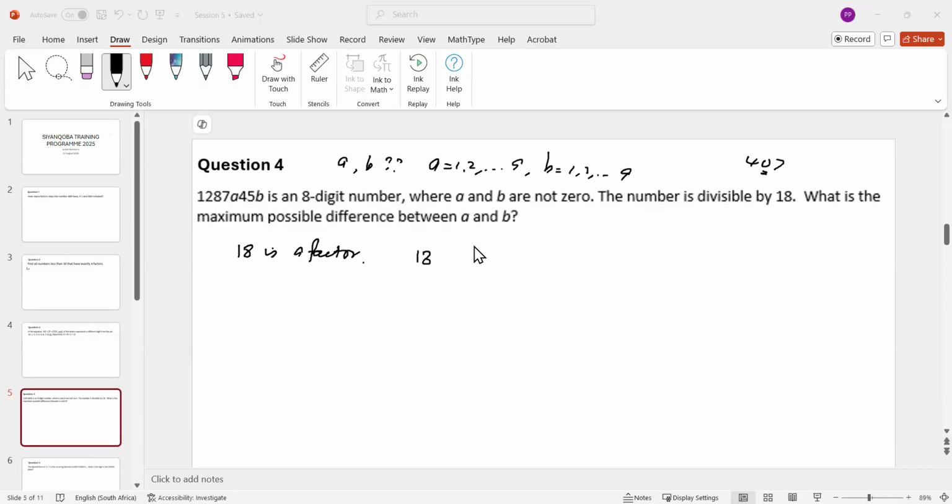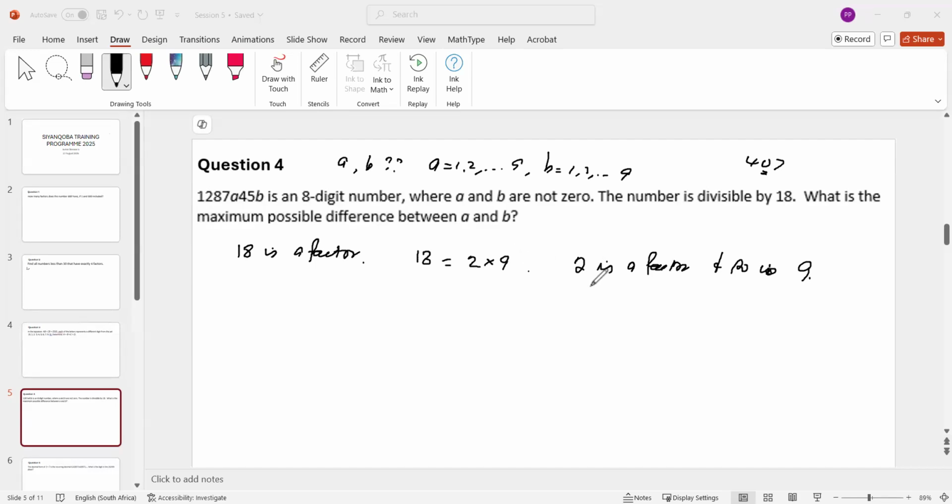So 2 times 9 is a factor, and therefore 2 is a factor, and so is 9. If 2 times 9 is a factor, then 2 is a factor and 9 is a factor. Each of them would be a factor.